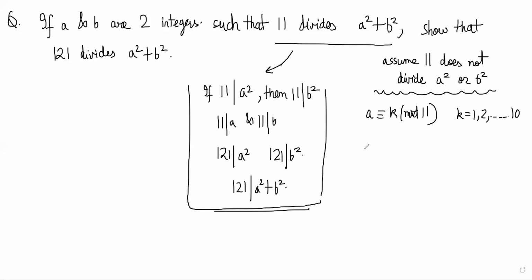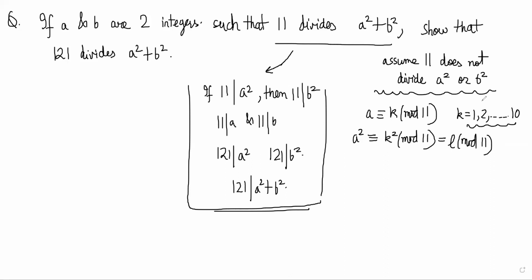So by the property of congruence, A square is congruent to K square mod 11. This K square can be called L mod 11, and L can be what? Let's square these and see what the possibilities are.